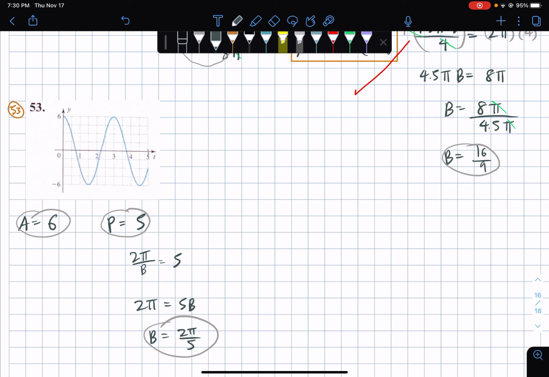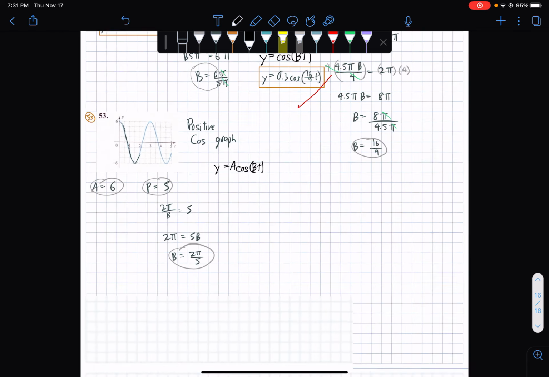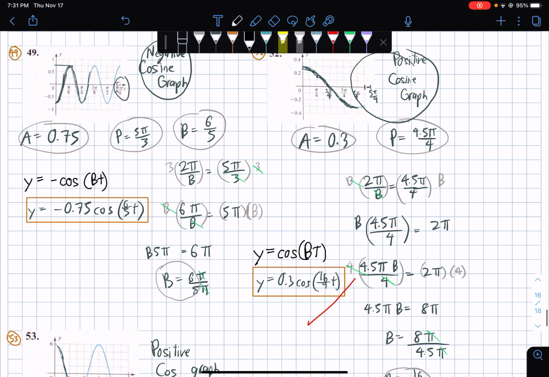And we do know that this graph is a cosine. It's a positive cosine graph. So the template is y is equal to a cosine bt. By the way, why didn't I write this before?